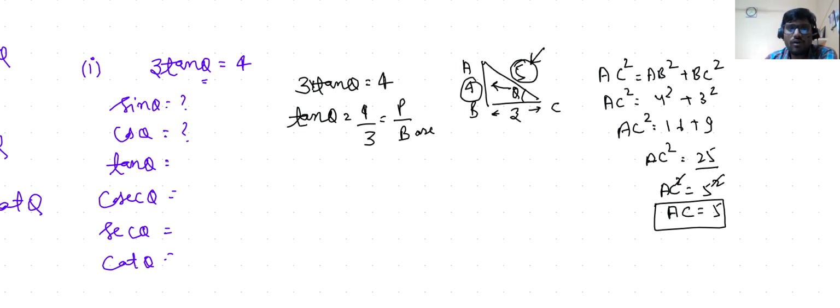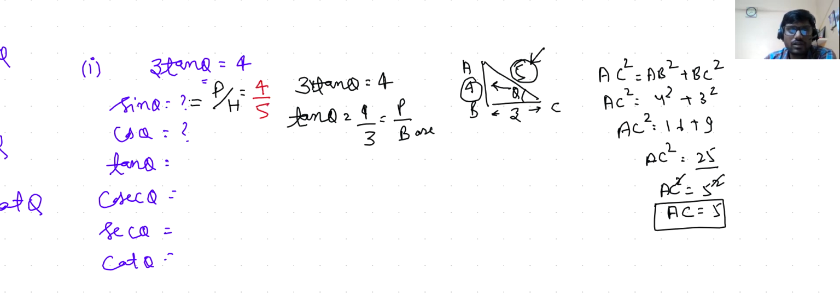Now it is easy to find the value of the other trigonometric ratios. Sine is perpendicular upon hypotenuse. The perpendicular is 4 and the hypotenuse is 5, so sine theta is 4 upon 5.